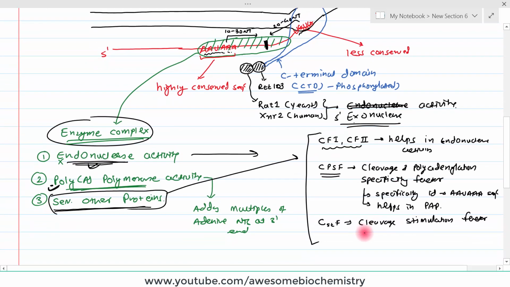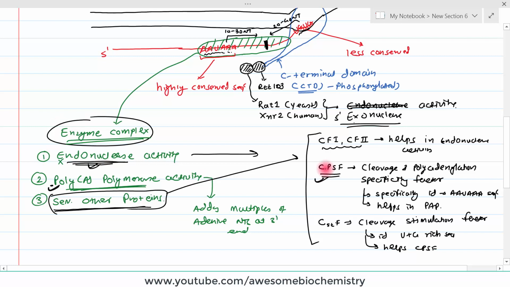So it identifies the U plus G rich sequence, and it also helps this CPSF protein, and this CPSF in turn helps the poly A polymerase function of this enzyme complex.